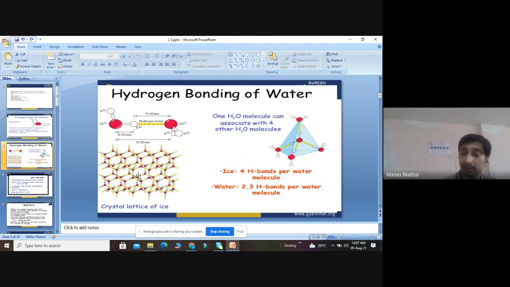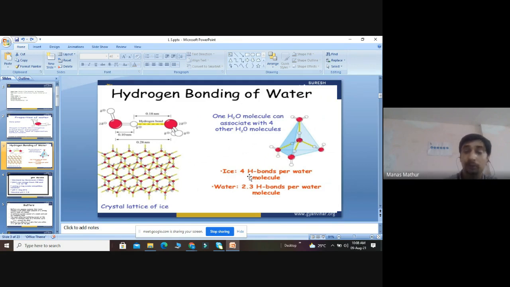So we can say that in ice there are 4 hydrogen bonds per water molecule. But when we provide some heat, ice, the solid form, will convert into the liquid form and change into water.